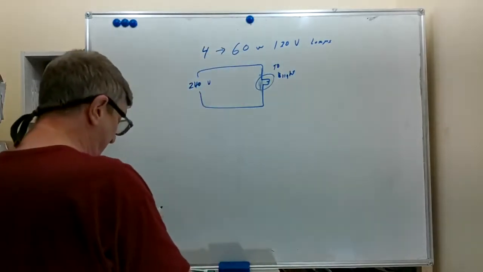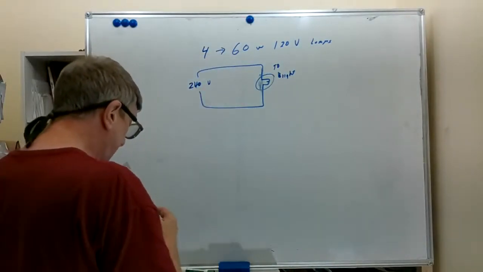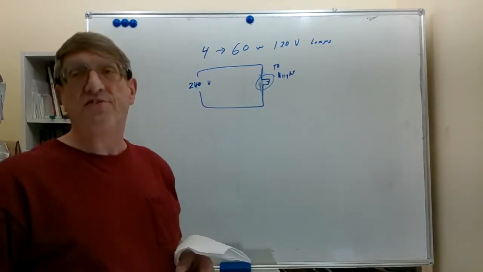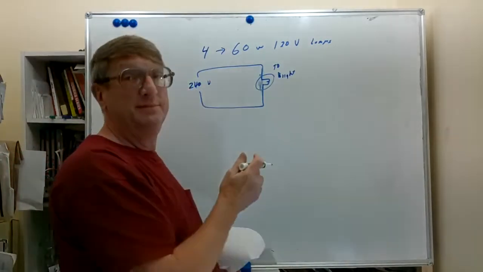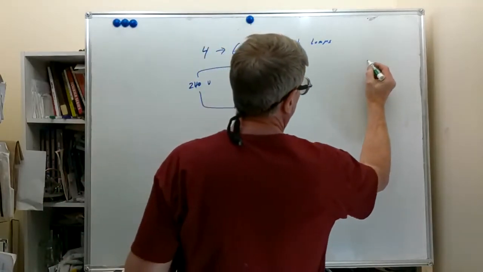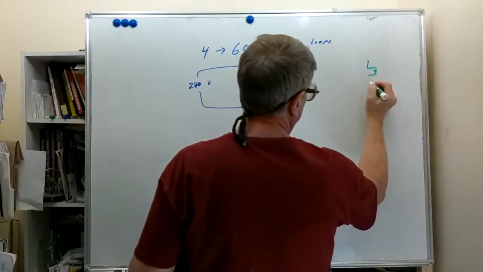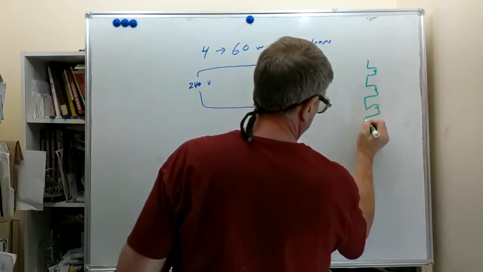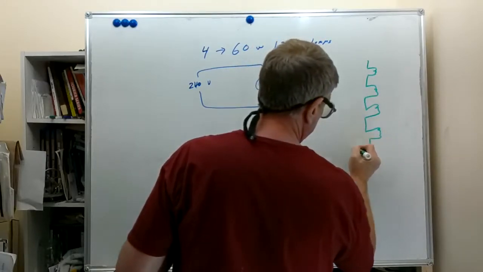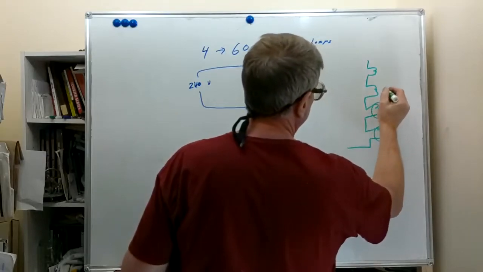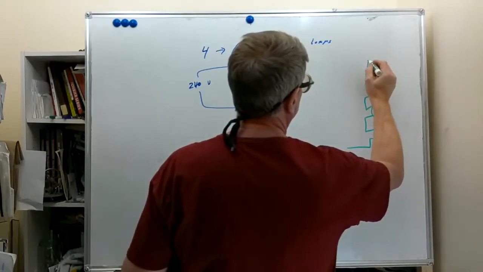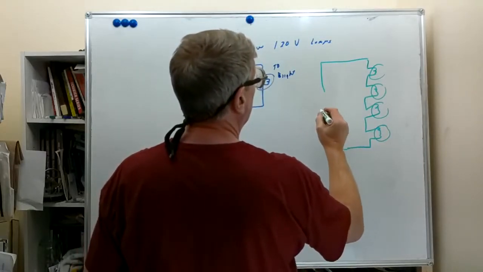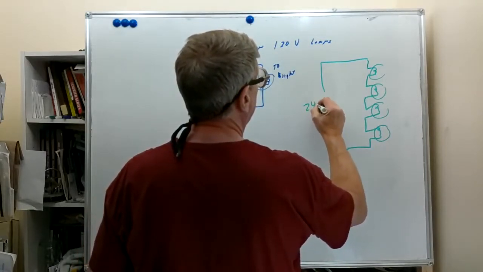Now we're going to try another situation. We're going to put all four of the lamps in series. So if we put all four lamps in series, we'll draw four lamps. And again, we're going to run on the 240 volt supply.